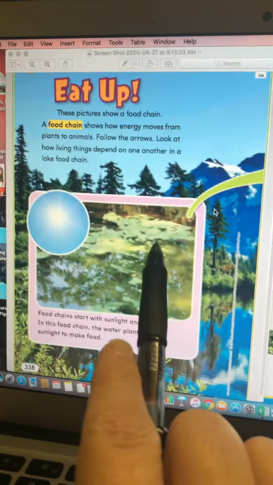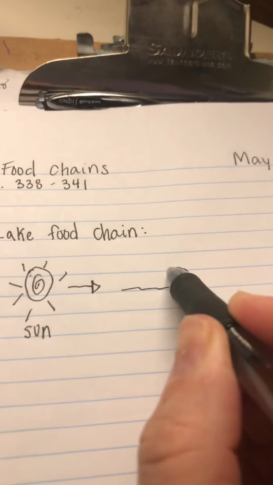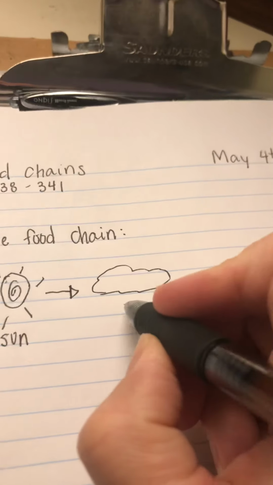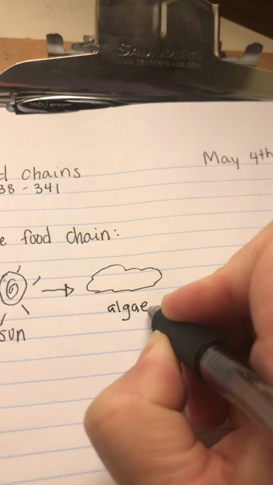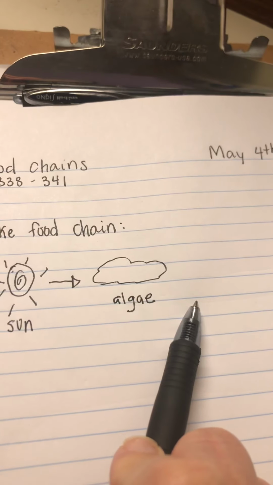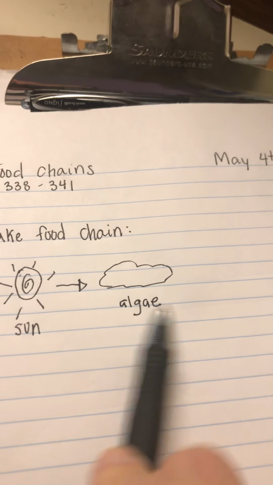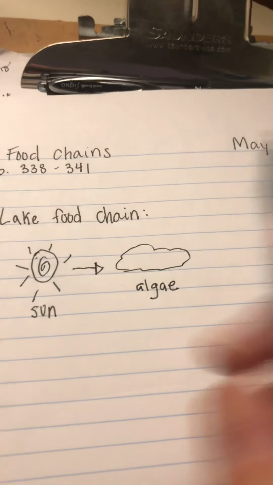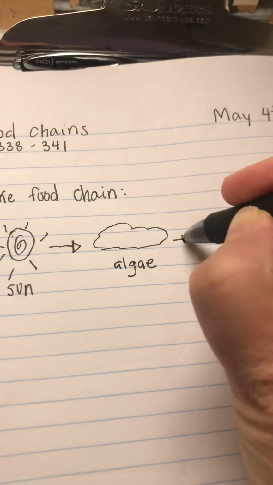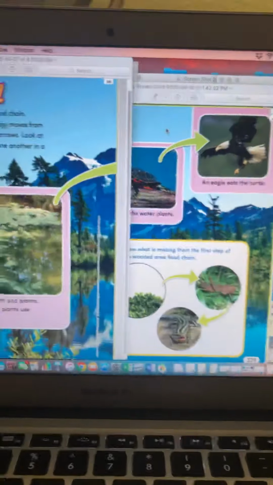So you can see these water plants. This is maybe a type of algae. It's kind of written weirdly, but this is how you spell algae. If you want, you can color this green and you can color this yellow.